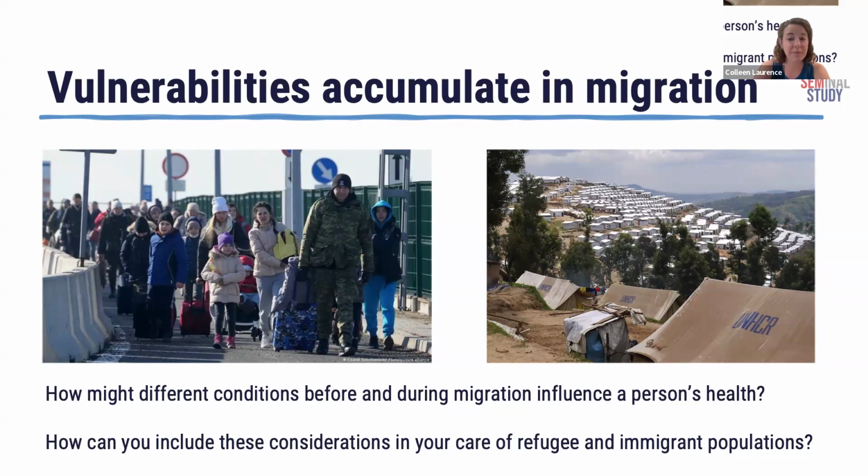Let's look at this concept through the lens of Ukrainian and Rwandan refugees. At left is a picture of Ukrainian refugees entering Poland in the spring of 2022. Before the Russian invasion, most deaths in Ukraine were due to non-communicable diseases like cardiovascular disease, diabetes, and cancer. So this population already had diagnosed chronic disease and risk factors contributing to their morbidity and mortality throughout their migration process.